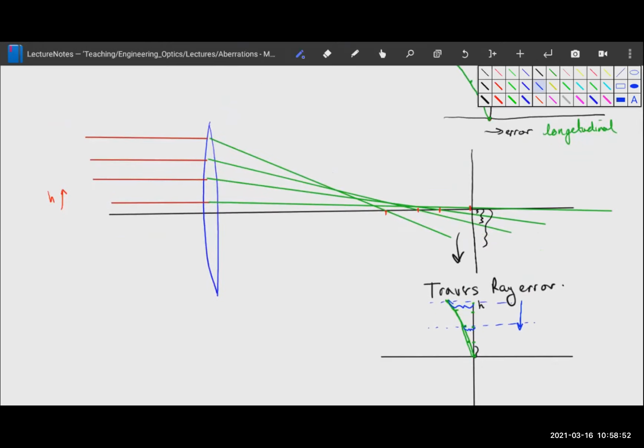The other method that we could use is something called a wavefront error. Wavefront error is slightly more difficult to calculate from ray tracing. Not a tremendous amount, but a little bit. And the way it works is we say, all right, the wavefront is defined as a plane that is perpendicular to the rays at all points.